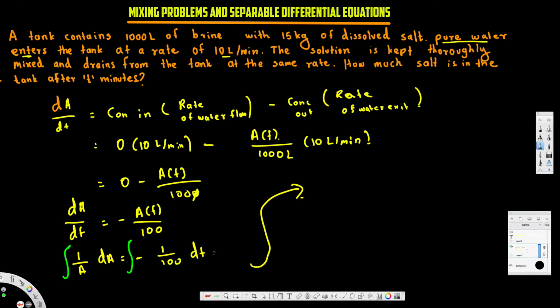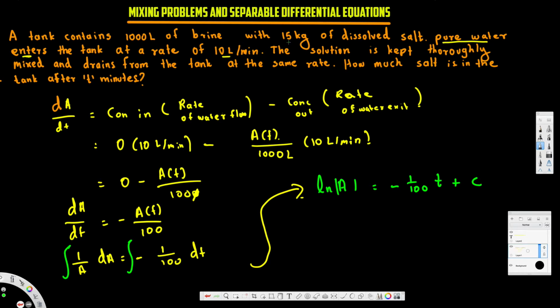If you integrate this one, it's just ln of A, and on the other side you're going to get negative 1 over 100 t, and also we have to add a constant.